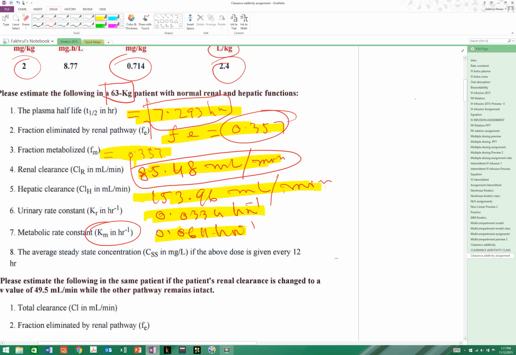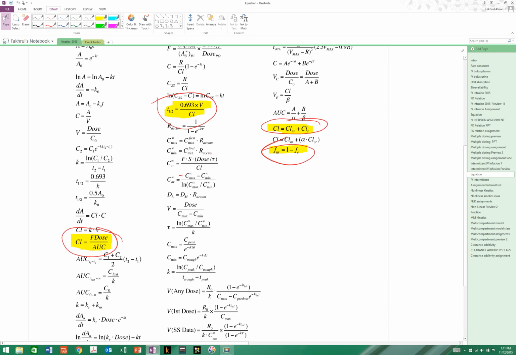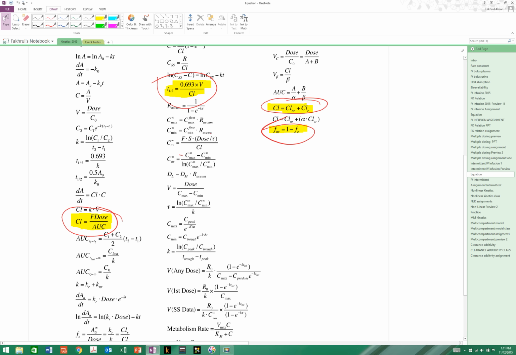Now the average steady state concentration we are asked to calculate. If you remember the equation of average steady state concentration, C average, let's go back to that equation. C average is F times dose divided by dosing rate.